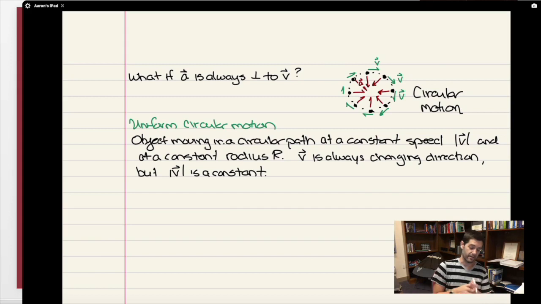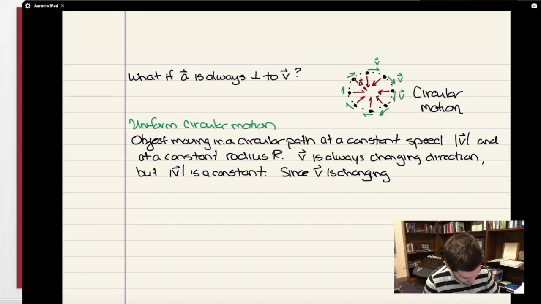Or if I wanted to be mathy, I could say the derivative of the speed is always 0. Since v is changing, how? Only changing direction. But nonetheless, that means the velocity vector is changing.